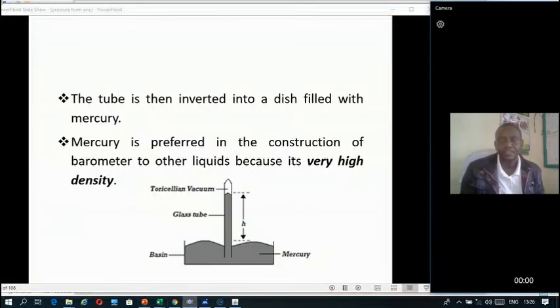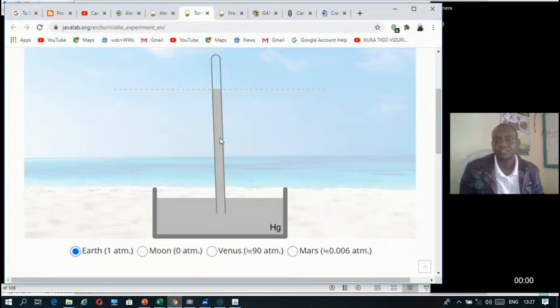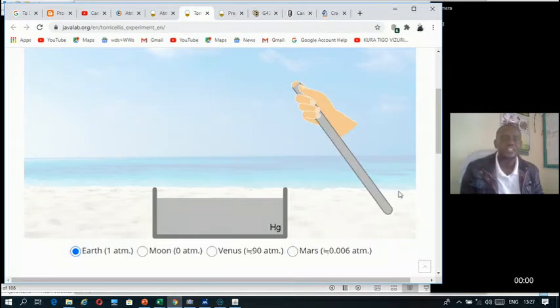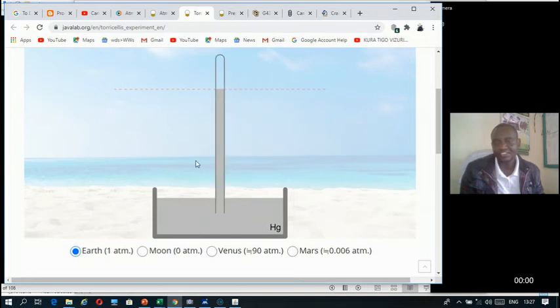So, that is how it looks. Here we have a vacuum. Some liquid will get out to a certain level, then what will remain here we call the Torricellian vacuum. You see, already when it is here, the liquid is complete. But the moment you invert, some gets out of this level.